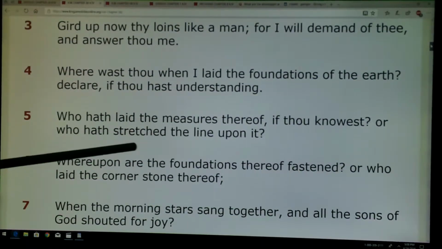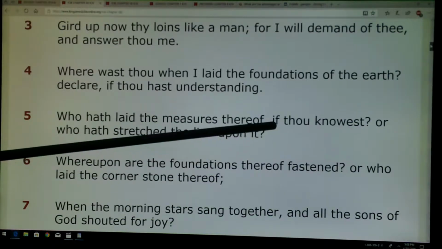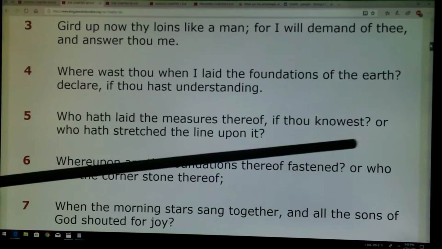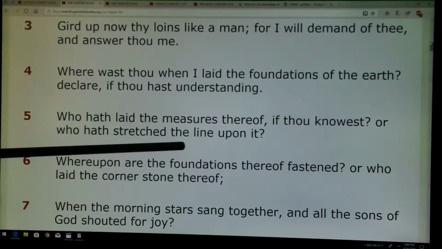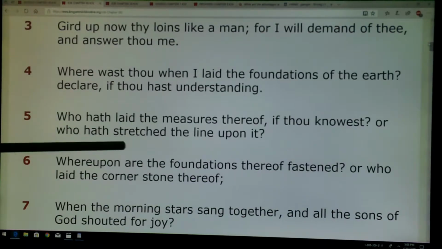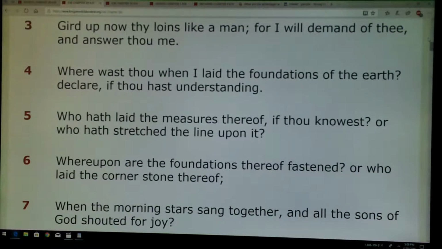Who hath laid the measures thereof, if thou knowest, or who hath stretched the line upon it? Okay, so the line is measured upon the earth, right? So there's no line on a ball. A ball is not linear, okay?